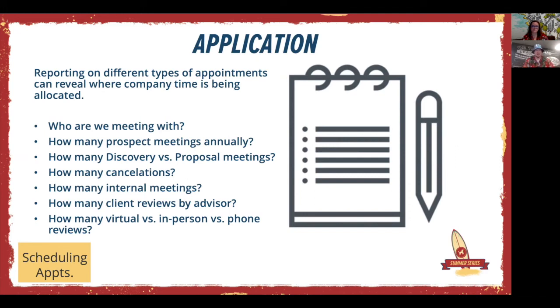You go and meet with clients and discuss financial advice. And if you had trouble answering that question, you can also use your Redtail CRM to answer this question. And you can report on the different types of appointments. And so you can assess where your time is being allotted. How much time are you spending with clients? How much time are you spending meeting internally with your staff? How many hours of the month are you using on phone calls?